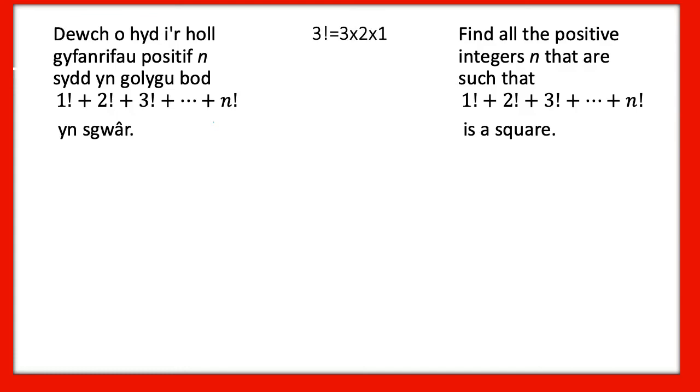So 3 factorial is 3 times 2 times 1. 4 factorial is 4 times 3 times 2 times 1. 5 factorial is 5 times 4 times 3 times 2 times 1, etc., etc., etc. But this requires a bit of an exhaustive approach, but think it through. Don't make it difficult. The answer, even though it's a problem, is not difficult.